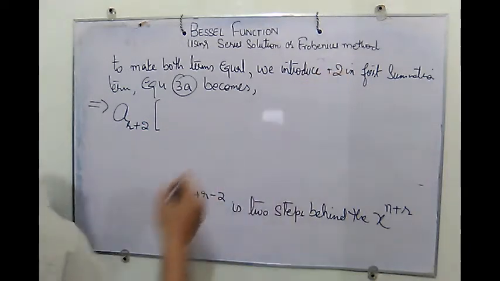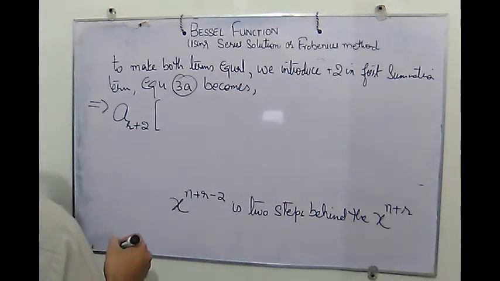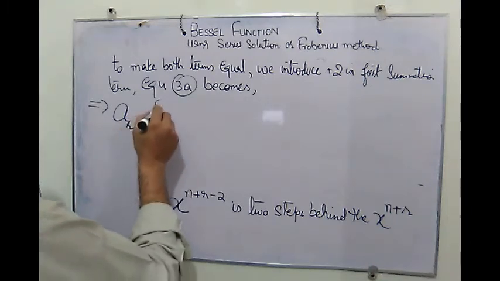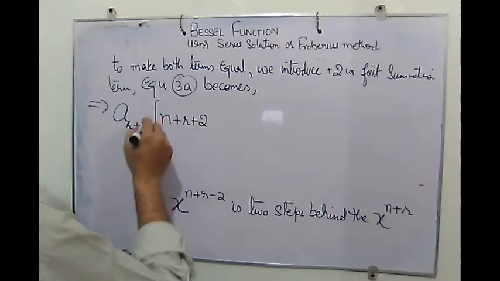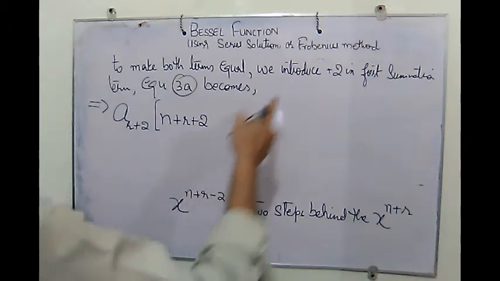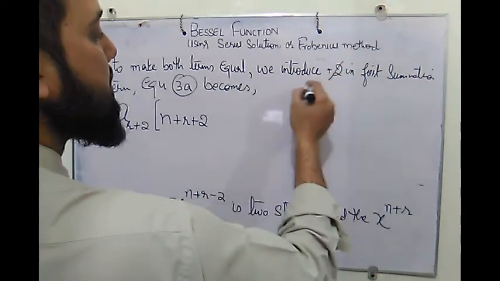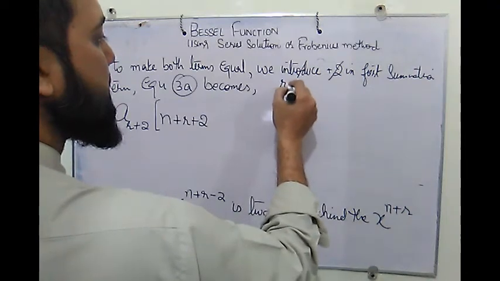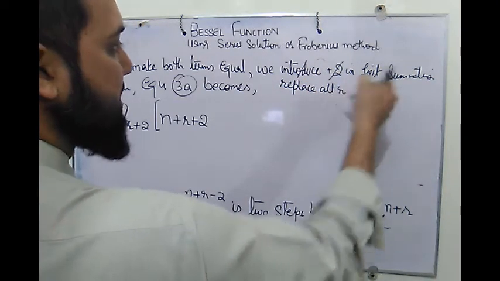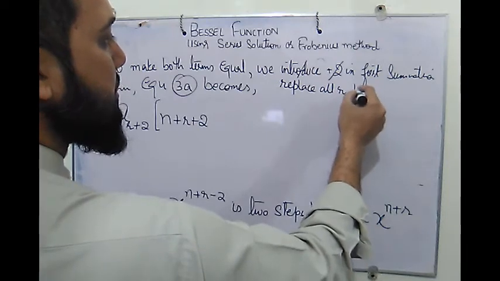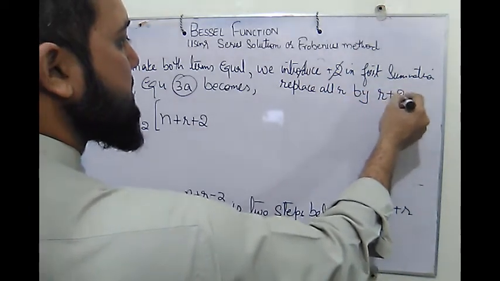Sorry, we put it plus 2 into n plus r plus 2. So we replace all r in the first summation by r plus 2.